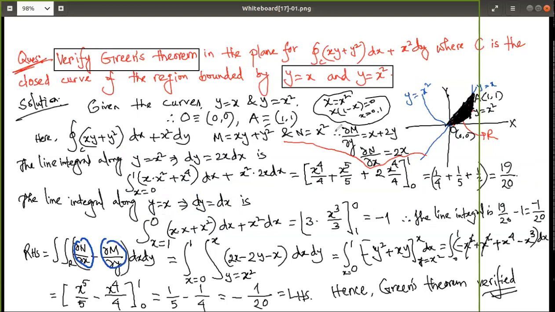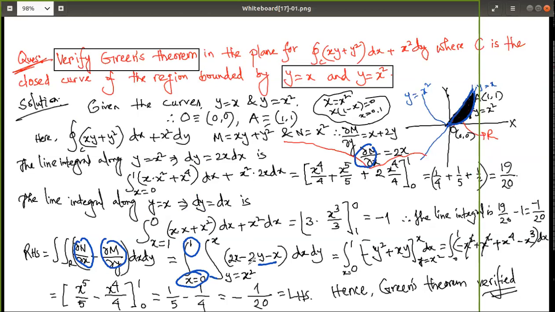Then for the right hand side, we have del N by del x minus del M by del y. Del N by del x equals 2x, and del M by del y equals this. With respect to x and y, x goes from 0 to 1, and y has lower value y equal to x square and upper value y equal to x.